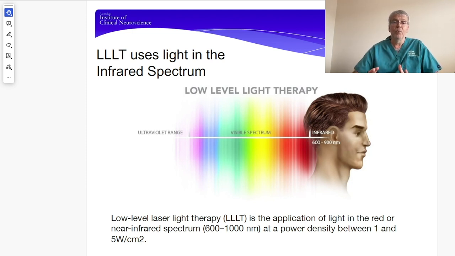But to qualify as low-level light therapy, they have to be between 600 and 1,000. Sometimes we go outside that range a bit, maybe up to 1,080 or 1,060, but it's roughly around that range. It's also important that we have a power density at the surface between 1 watt and 5 watts per centimeter squared.